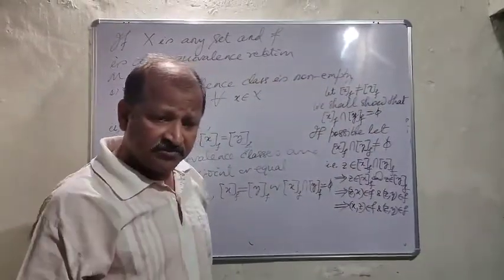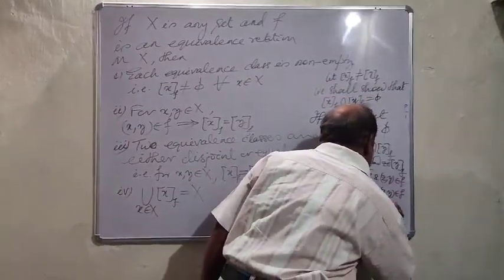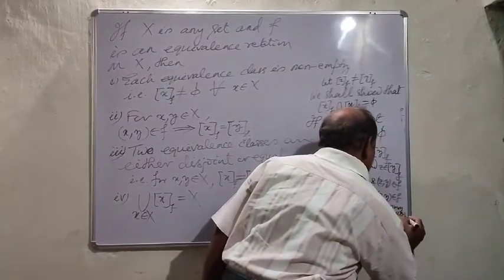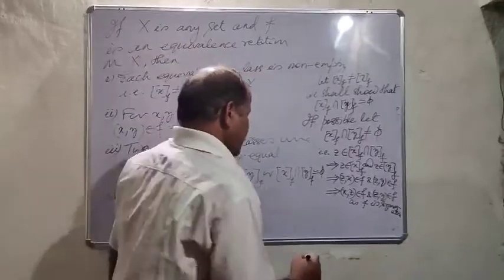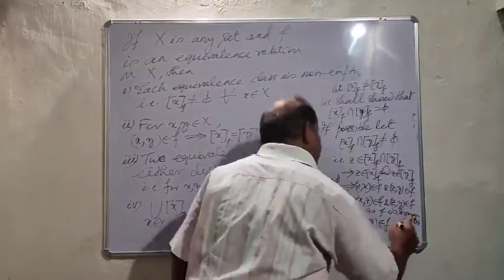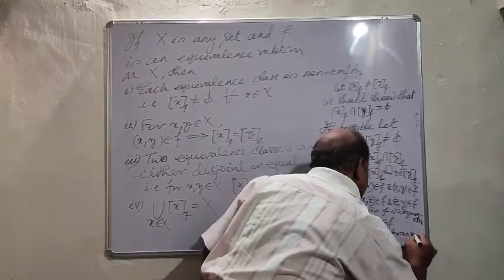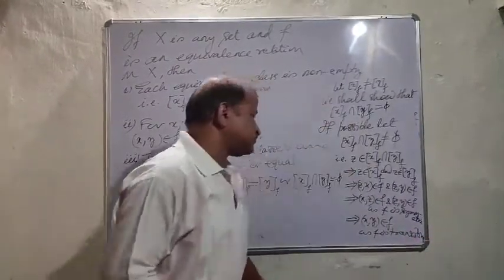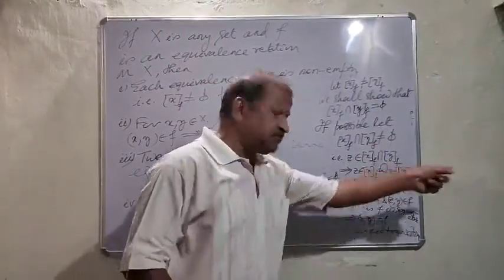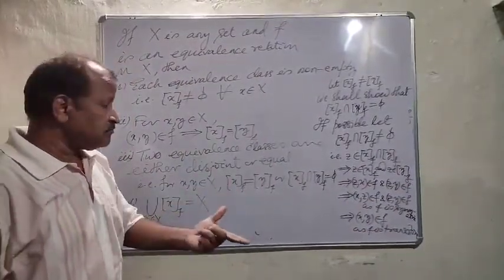It is reflexive, symmetric, and transitive. This should be in our mind. And as F is transitive, X is related to Z and Z is related to Y, so X must be related to Y.